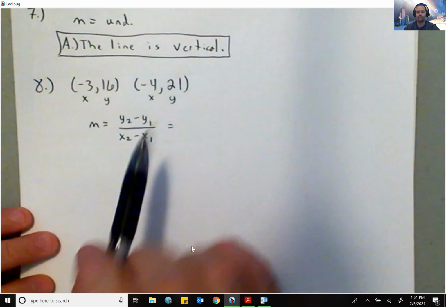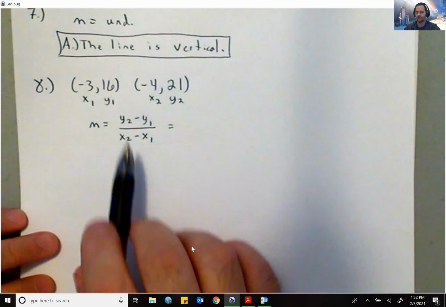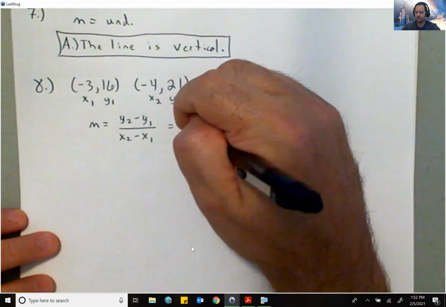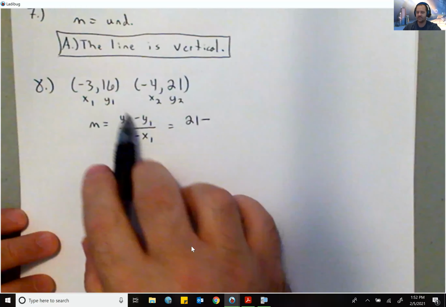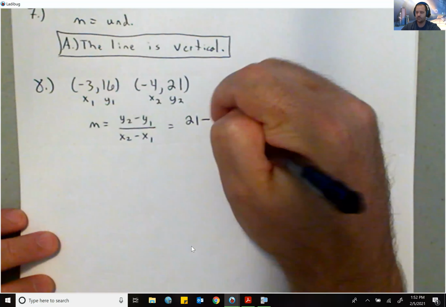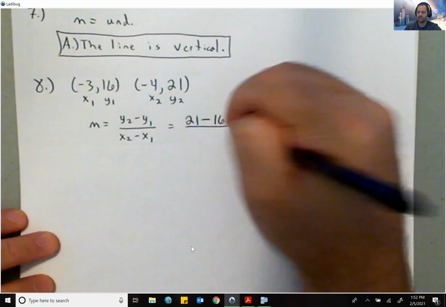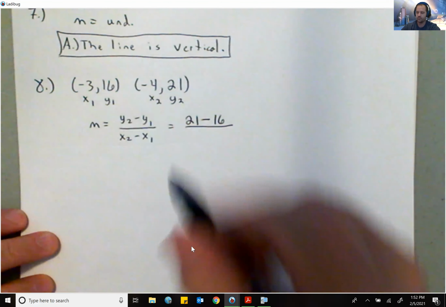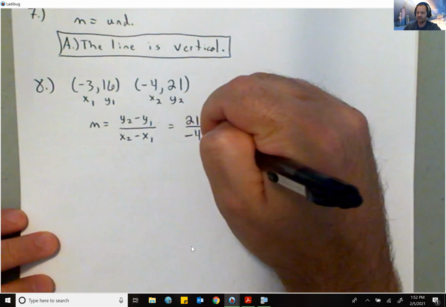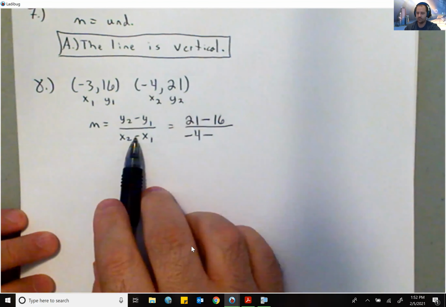All we have to do is plug in. So Y2 is 21, minus my y1, which is 16. My x2 is -4, minus, because of the formula, my x1, which is -3. You need both of these.